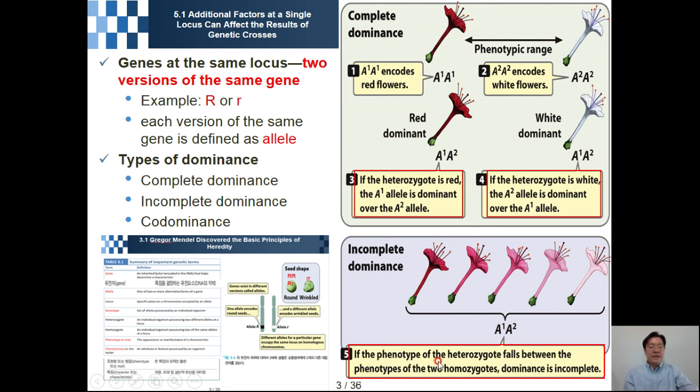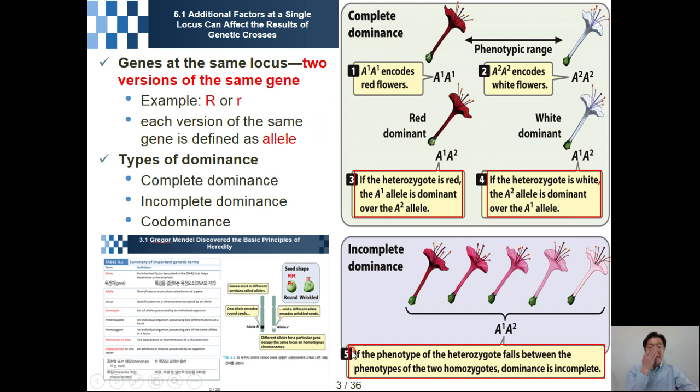If the phenotype of the heterozygote falls between the phenotypes of the two homozygotes, one red and one white, so the phenotype falls between red and white, then we call it incomplete dominance. This is the example of incomplete dominance.